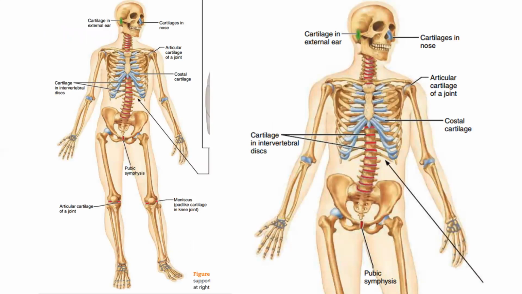As we know, there are the axial skeleton and the appendicular skeleton. If you look here, we had elastic cartilage to start with. Elastic cartilage usually exists in structures that start with E, which might be an easy way to remember. For example, our external ear is made of elastic cartilage.